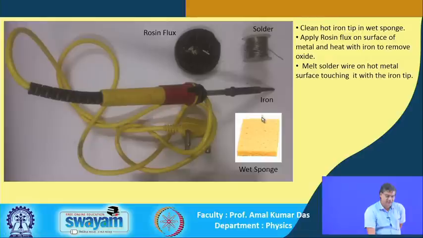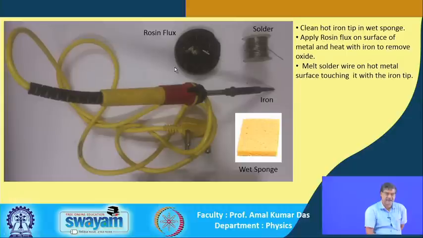Here you can see this is called the iron, okay. This is called the solder, and this sponge kind of thing is called a wet sponge, okay, and this is the rosin flux. So these are the four main items.